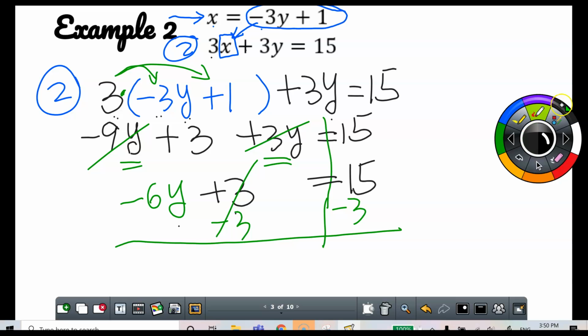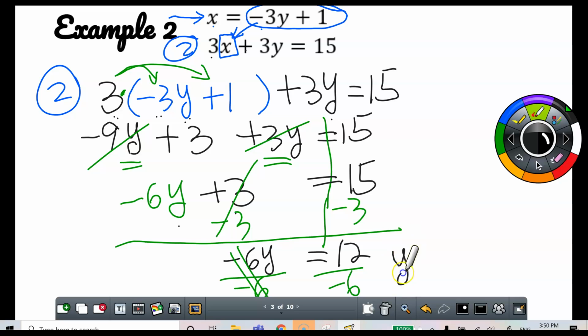So we have negative 6y equals 12. And then get rid of the negative 6 by division. So we have y equals 2.